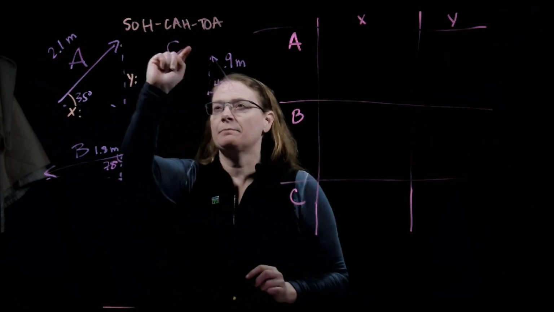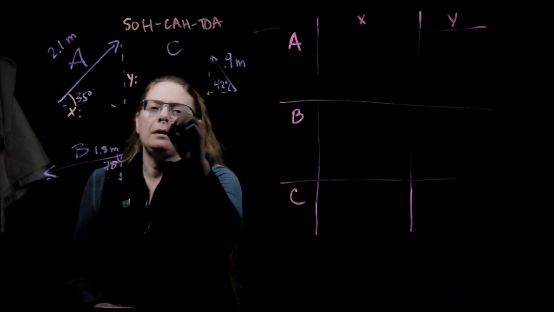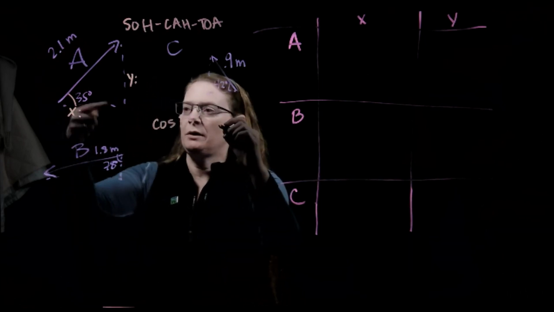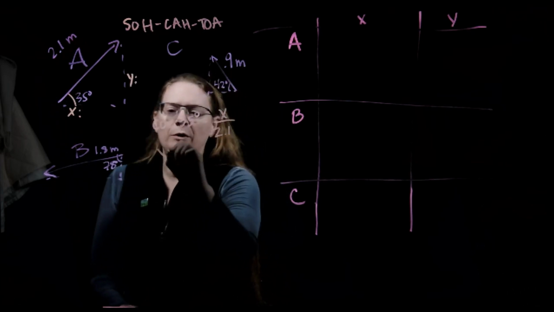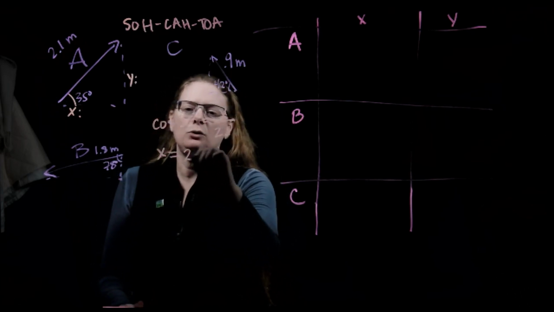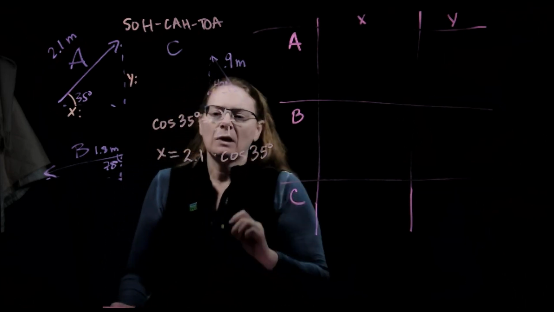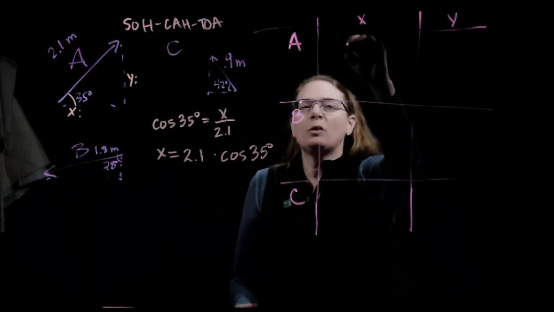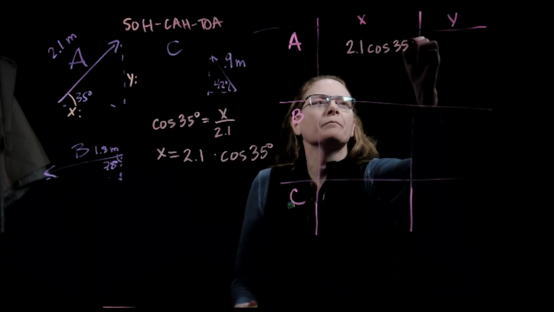Cosine. So the cosine of 35 would equal my x component, the adjacent side, over my hypotenuse, 2.1, which means my x component is 2.1 times the cosine of 35.